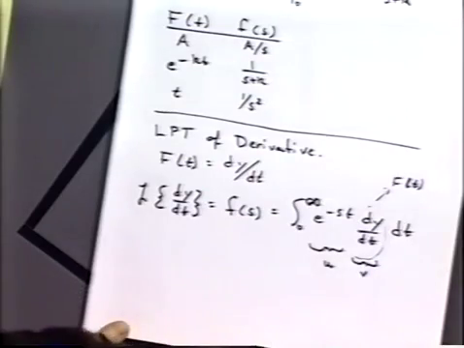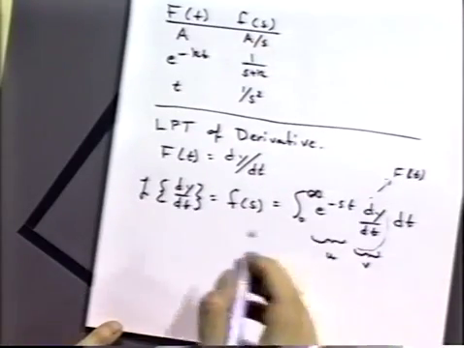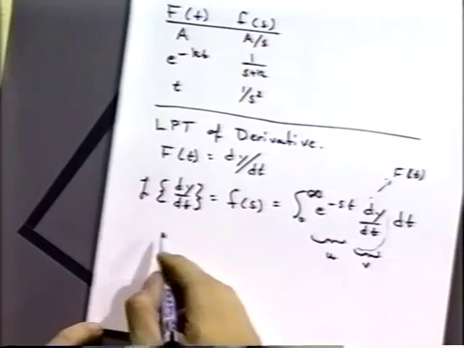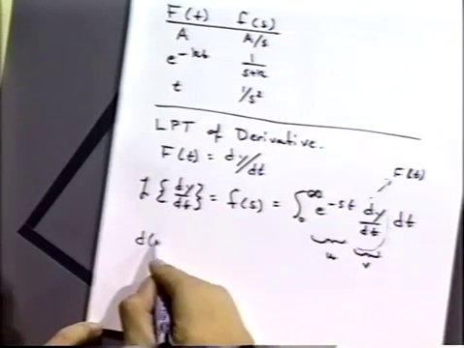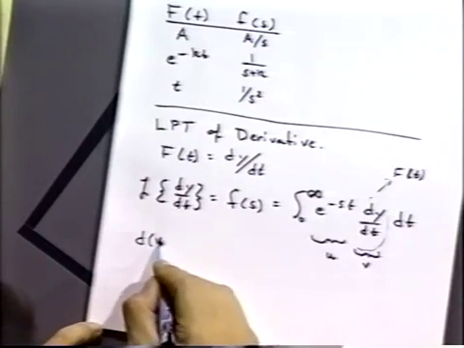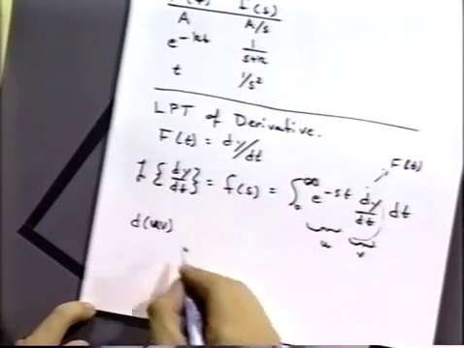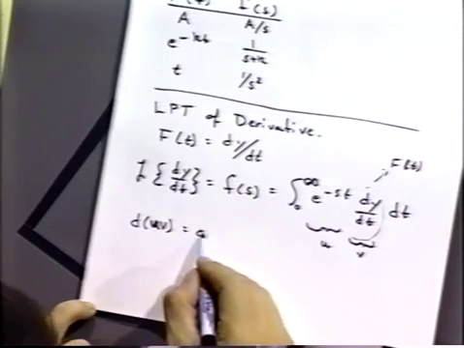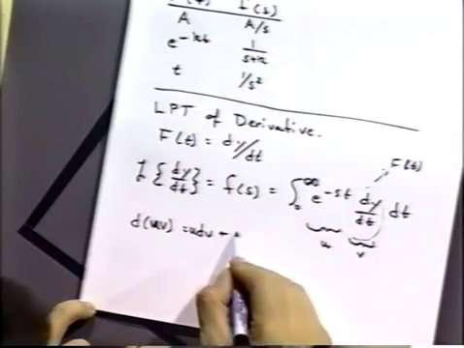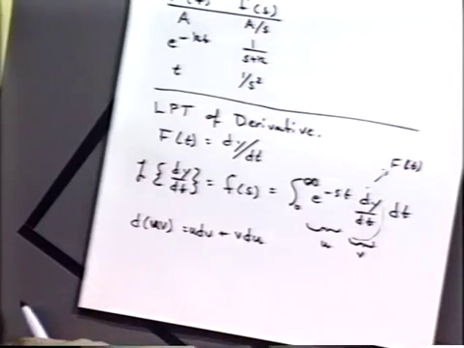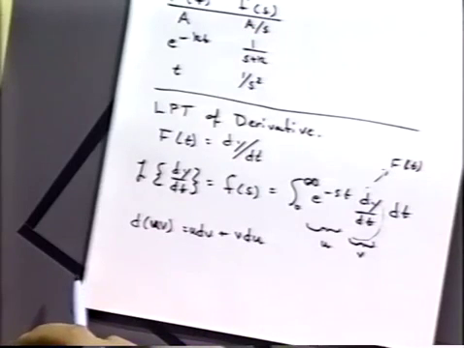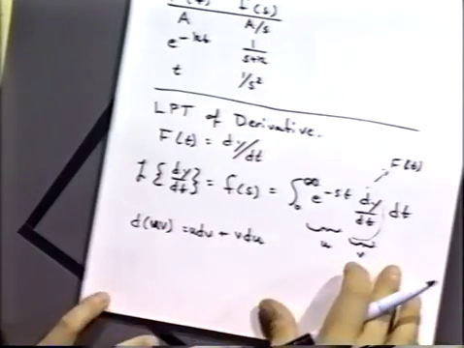Remember that the derivative of a product, the derivative of u times v, is equal to u dv plus v du, and we can use that relationship in our integral by integrating by parts.